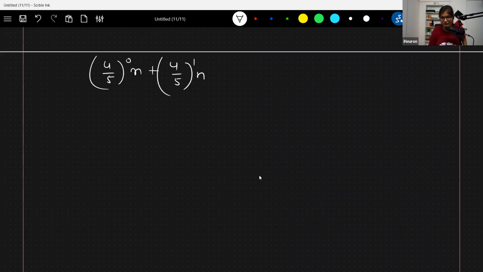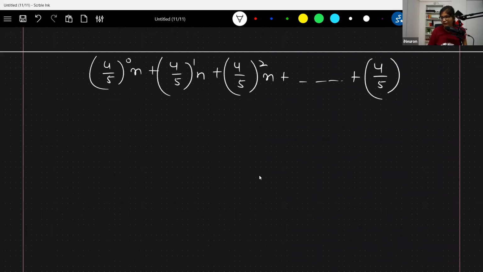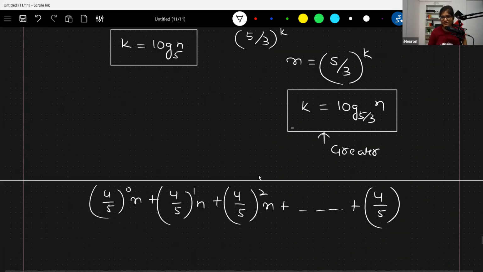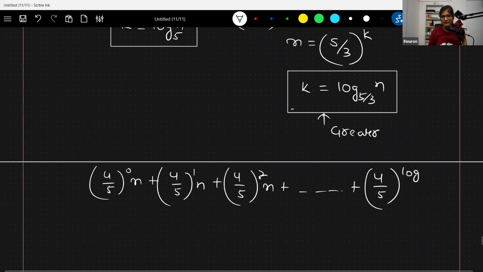So 0th level, first level, second level, and I need to go until how many levels? Until k levels, right? Which k? The bigger one. What is the value of the bigger k? It is log of n base 5/3, into n. n will remain as it is.